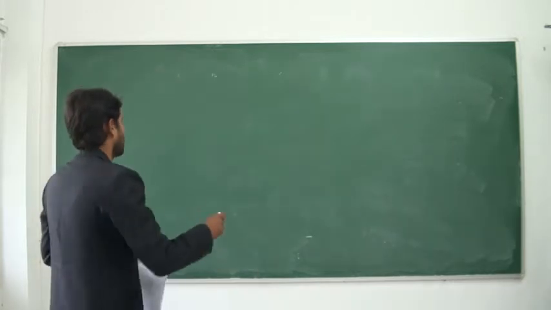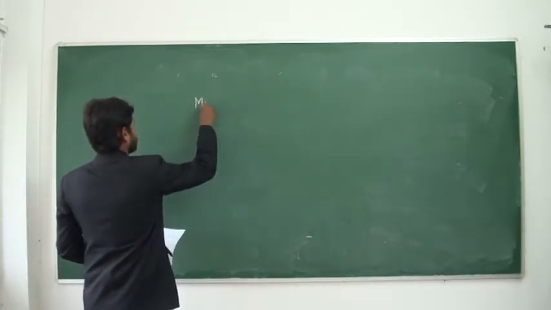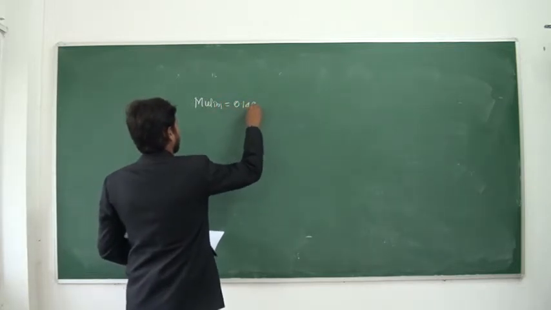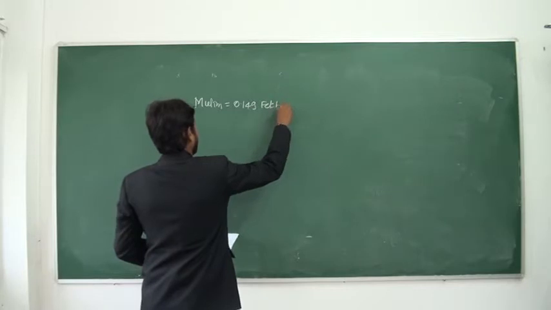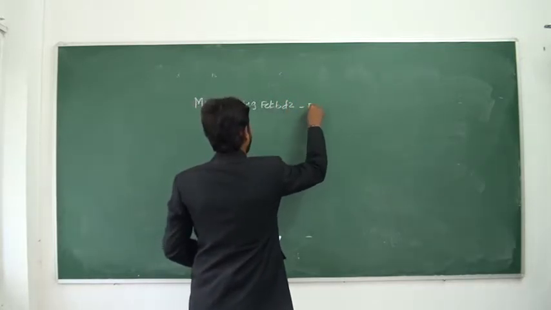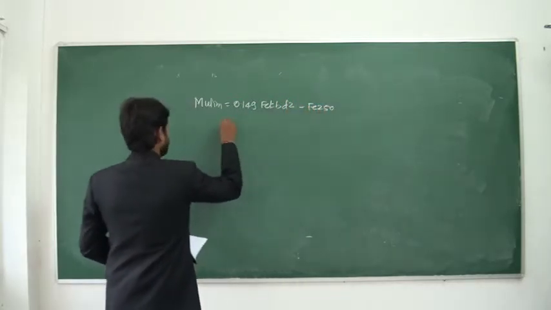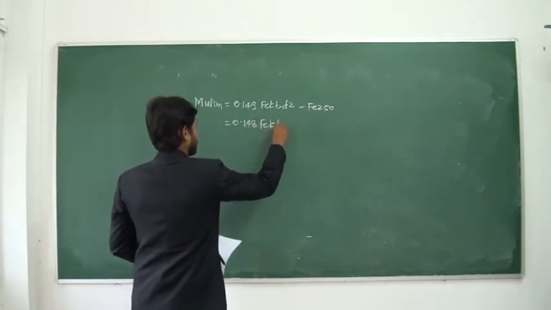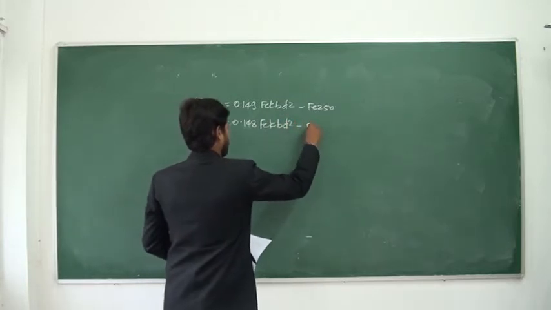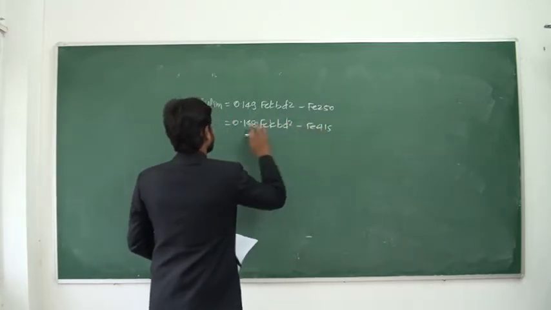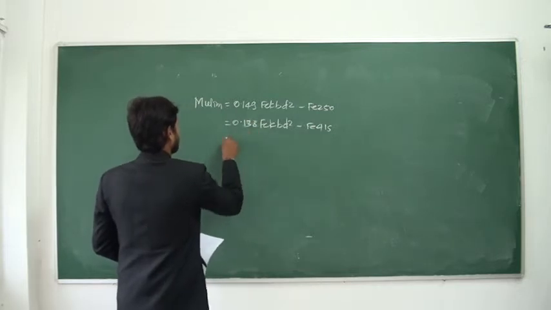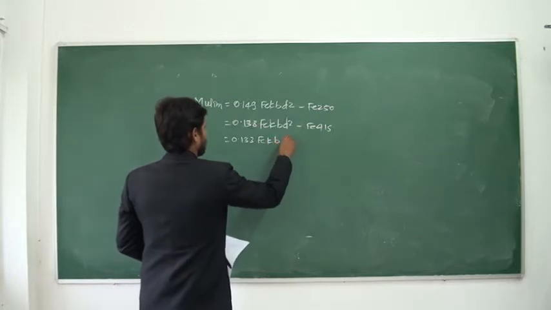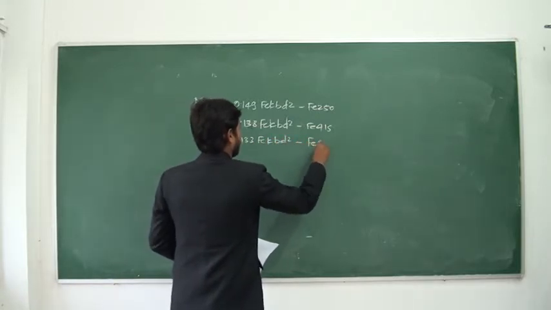These MU limit equations are: MU limit is equal to 0.149 FCK BD square for Fe250, 0.138 FCK BD square for Fe415, and 0.133 FCK BD square for Fe500.